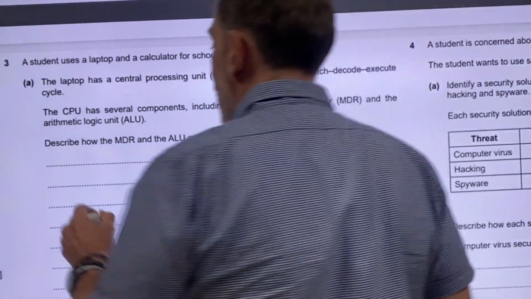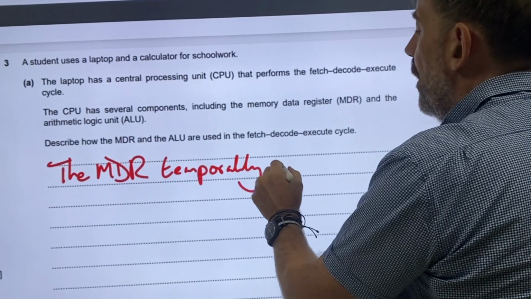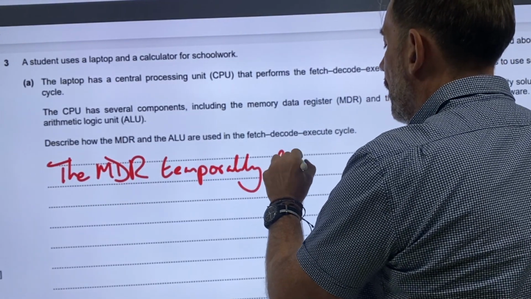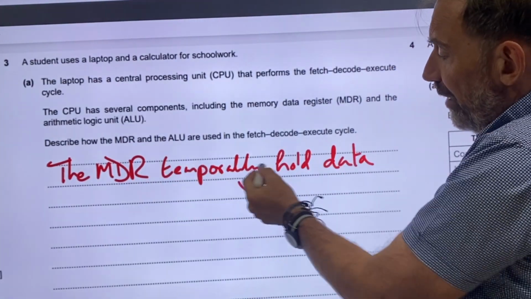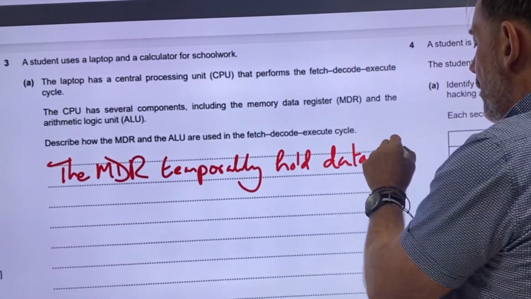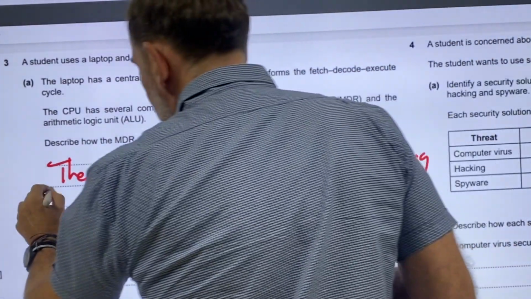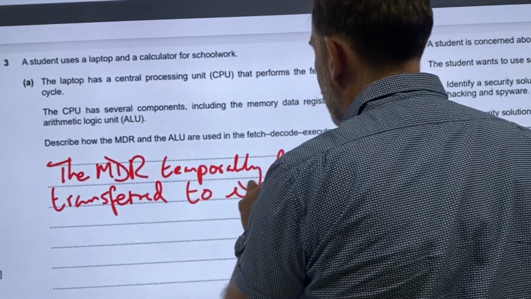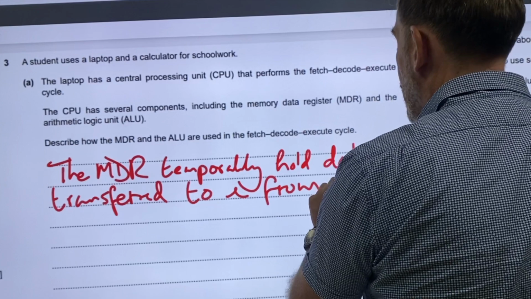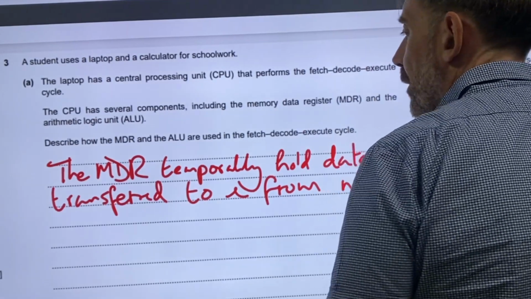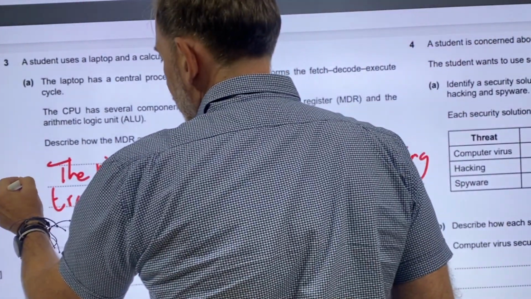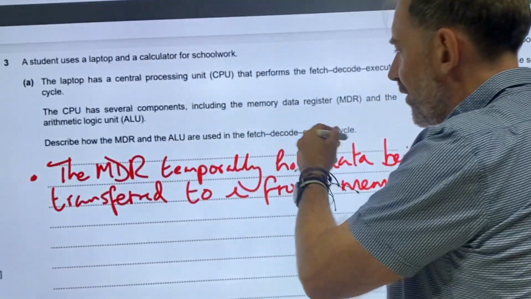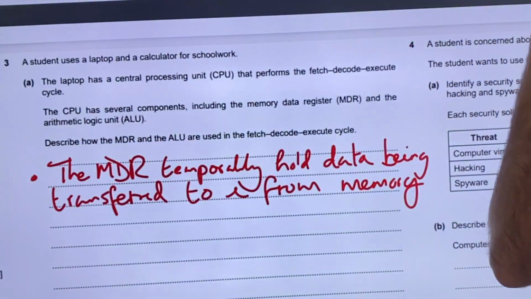The MDR temporarily holds data being transferred to and from memory. That's what it does. How does it work in terms of the fetch, decode, execute cycle?